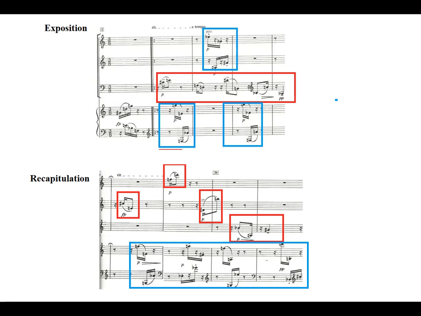But you can see in the exposition that we've just heard, the melody is presented on one instrument, just on the saxophone, and the mirror canon weaves between the other instruments. But in the recapitulation, Webern reverses this so that you get all of the mirror canon happening in the piano part, in the blue box, and the melody itself passes between the melodic instruments.